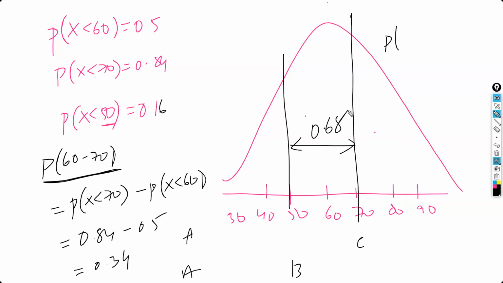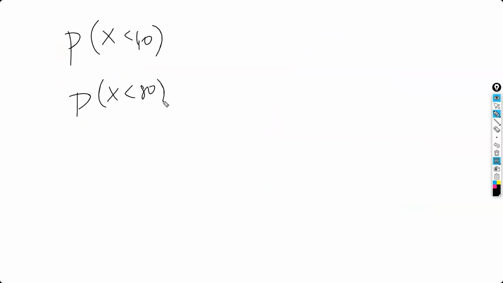Everyone, any questions? Please conclude. Now next, I'll ask the next question. What is the probability of x less than 40? And similarly, what is the probability of x less than 80? For these two things you calculate now.